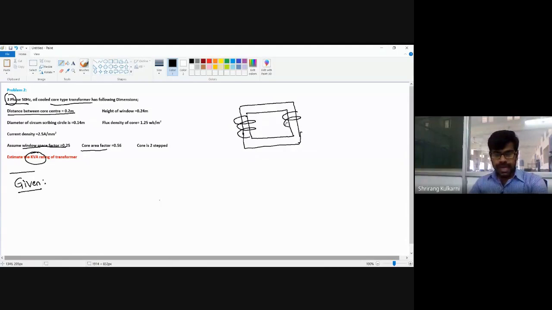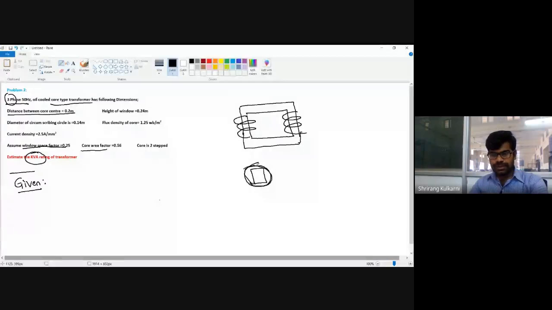From the front view, it looks like a square and the windings look like this.